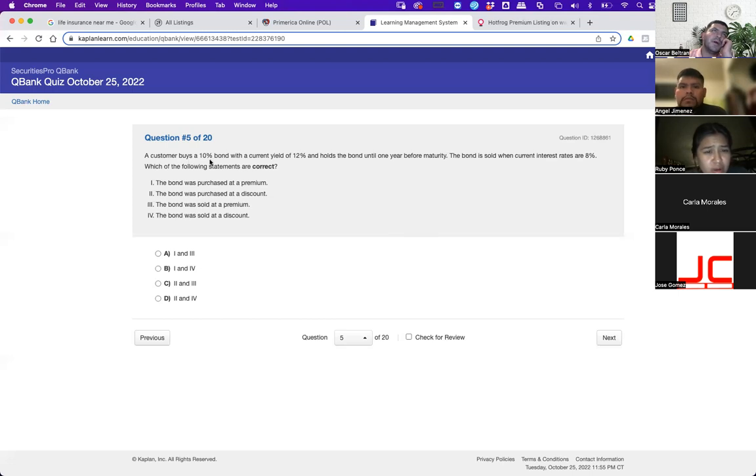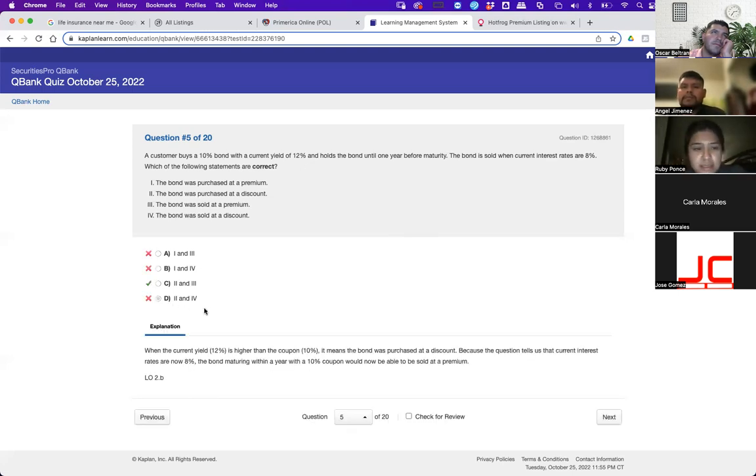So the customer buys a 10% bond with a current yield of 12%. 2 and 3: the bond was purchased at a discount and was sold at a premium. D? Oh, no, C. So it's going to be 2 and 3. The bond was purchased at a discount. That makes sense: he buys it at 10% and the current yield is 12%. So it's a discount.